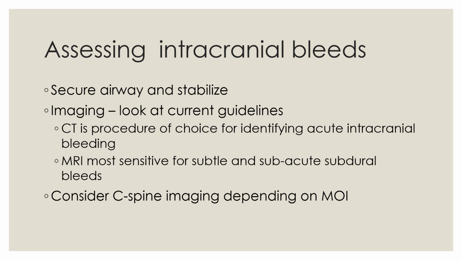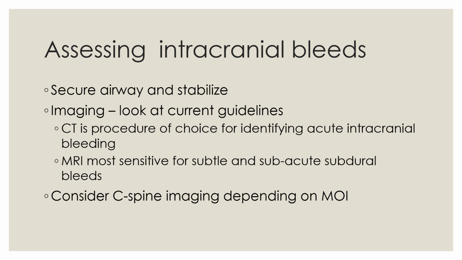But then we need to look at our current guidelines in our institution and do appropriate imaging. At this point in time, in most institutions, a non-contrast CT is the procedure of choice. But there may be times where we suspect something more subtle, or when we suspect a subacute subdural, an MRI is more appropriate.